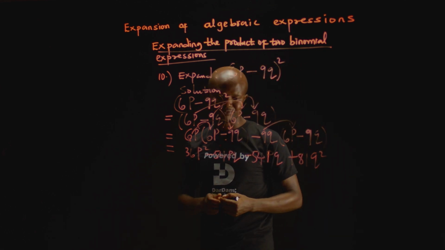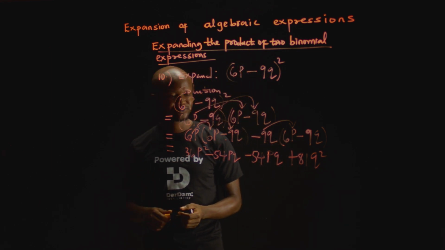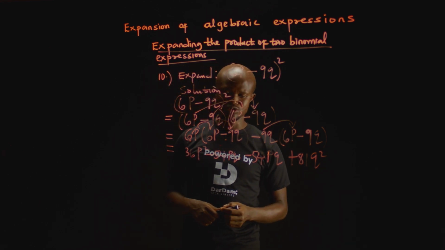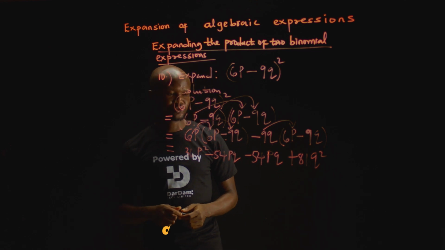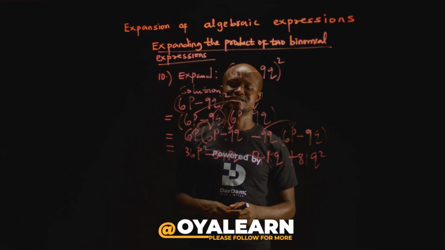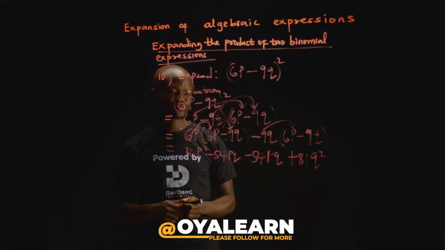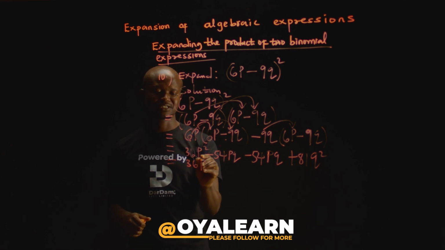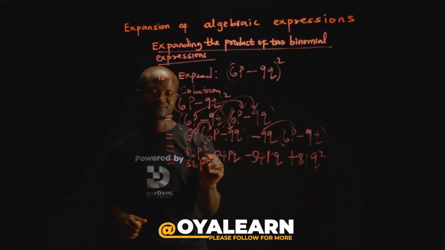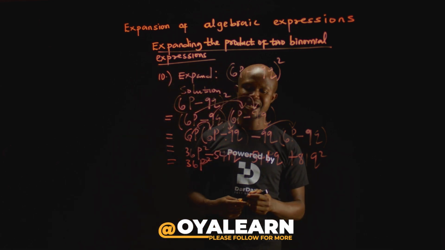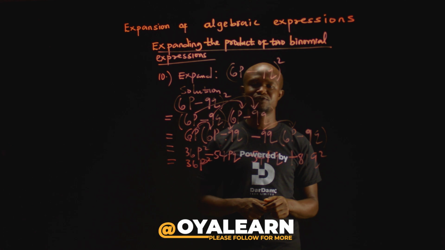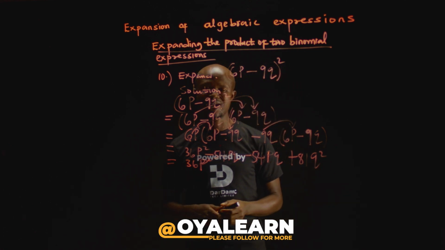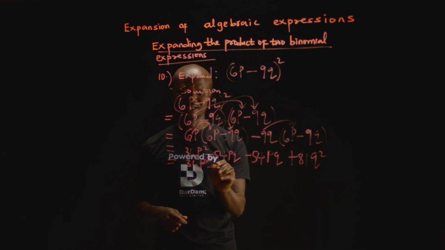We have 4 terms in this algebraic expression, but the 2 terms in the middle are like terms, so we need to add them together. So we have 36p squared, then minus 54 minus 54 will give us minus 108.